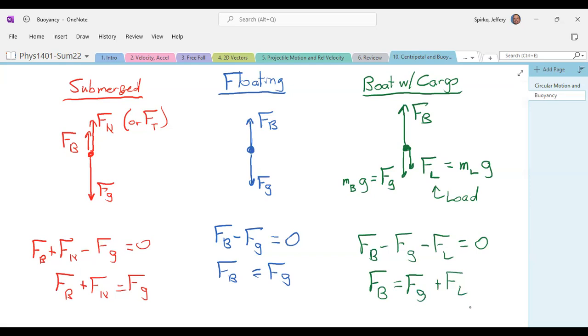In a sense, the regular floating object equation and the boat with cargo equation look very similar to each other. They're both saying the buoyant force has to carry the weight. The buoyant force has to carry just the weight of the boat, or the buoyant force has to carry the combined weight of the boat and the cargo.